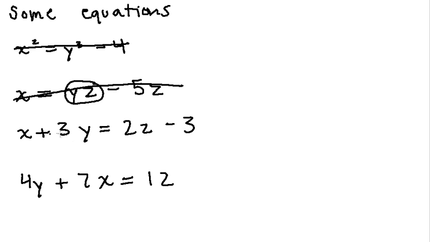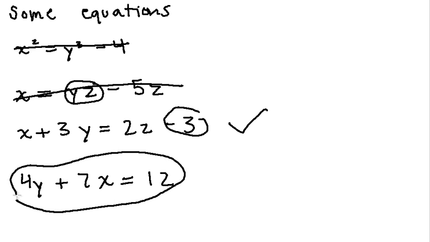You have three variables, x, y, and z. They're all being multiplied only by constants and not by other variables, and then you have a scalar term at the end. So this is a linear equation. Now, most of the linear equations we'll be working with are only the two-variable case, so they might look something like this: 4y plus 7x equals 12.